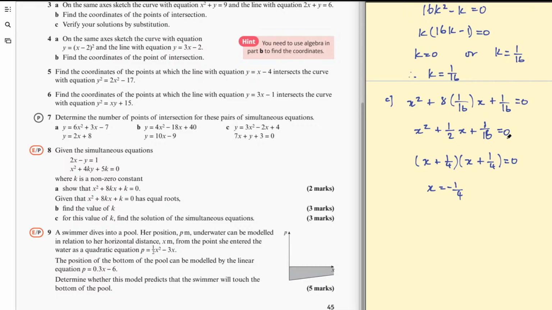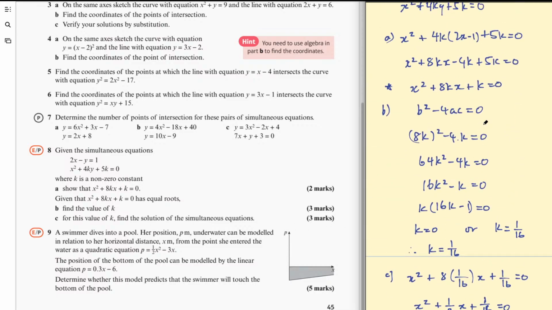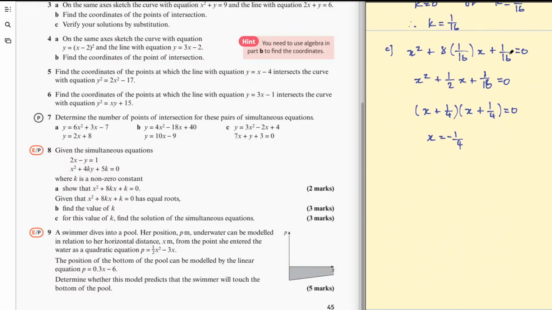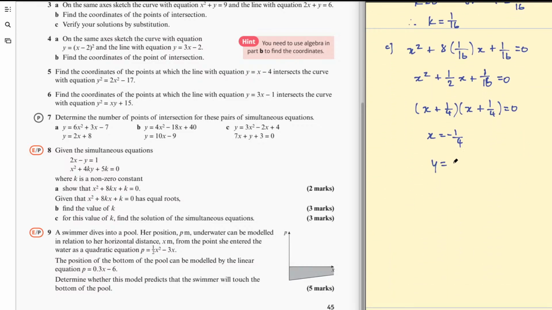And then if x equals -1/4, remember y equals 2x take 1, so y is going to equal 2 multiplied by -1/4 take 1, and this is -1/2 take 1. This is -1/2 take 1, or -3/2. Okay, and that was part C.